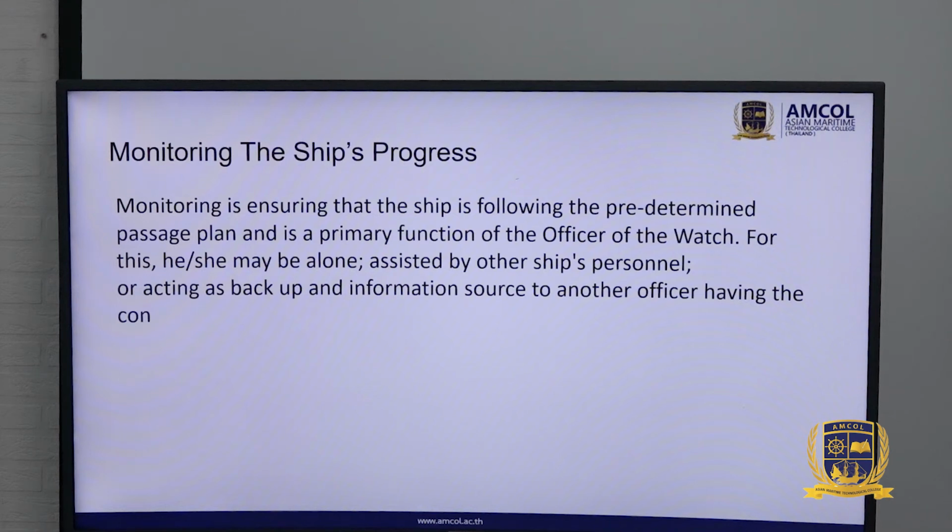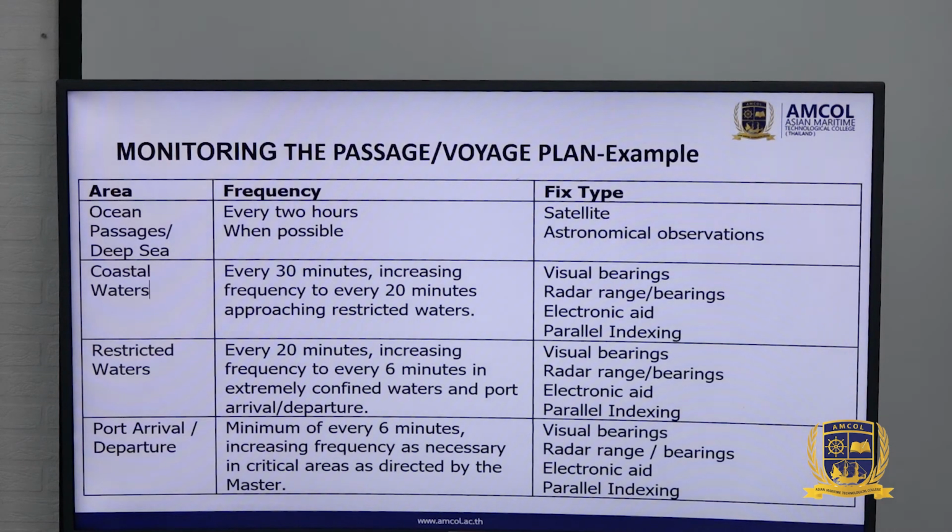Ensuring that the ship is following the plan as you have already laid down, and the officer of the watch is assisted by other personnel or acting as a backup and information source to the other officer having the con. What is the con? Con is who is conducting the ship, who is in charge of the watch. Now, this is what you will do in monitoring.